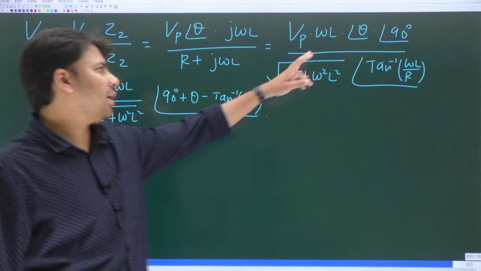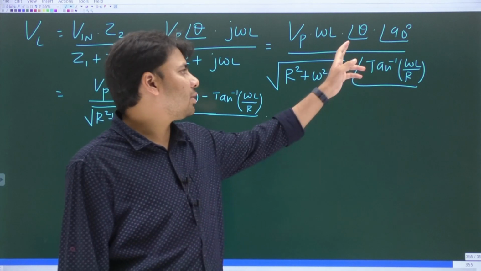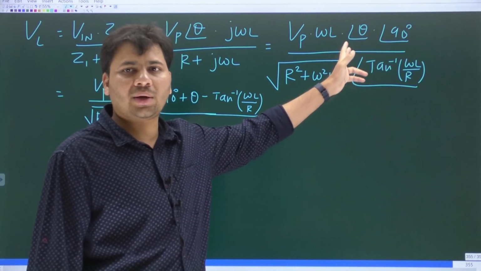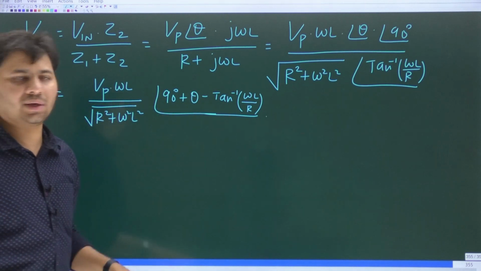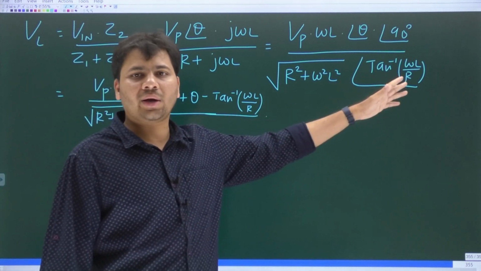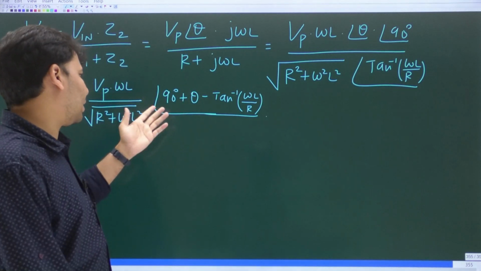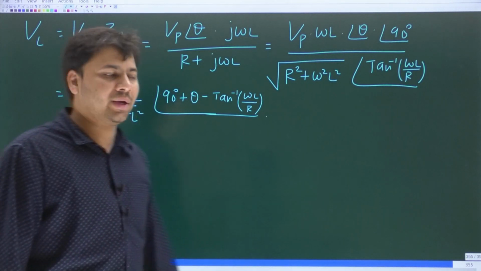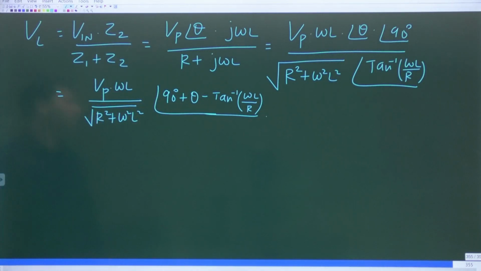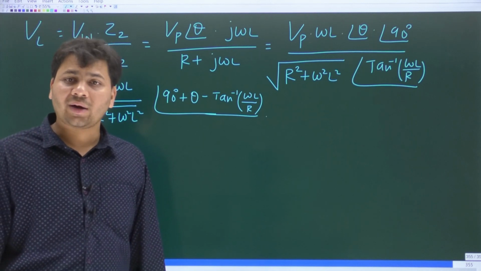In the numerator you have a product of two angles, so you can just add the angles. Once you add the two angles in the numerator, that is theta plus 90 degrees, which I wrote as 90 degrees plus theta. Then you should subtract the denominator angle from the numerator angle. That's what I did here: 90 degrees plus theta minus tan inverse omega L by R. So now, are we not having the phasor voltage across the inductor in standard polar form?